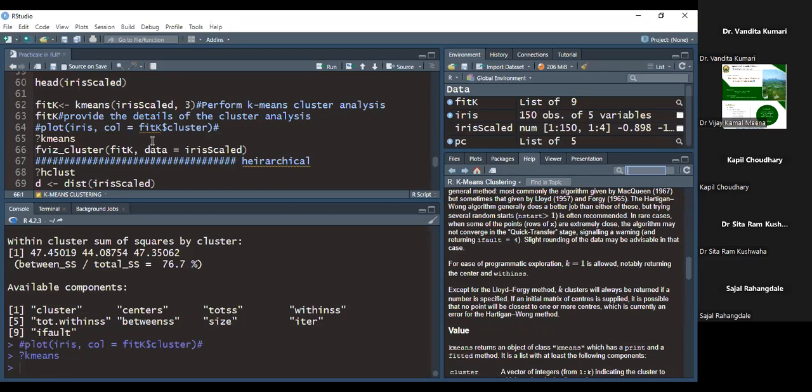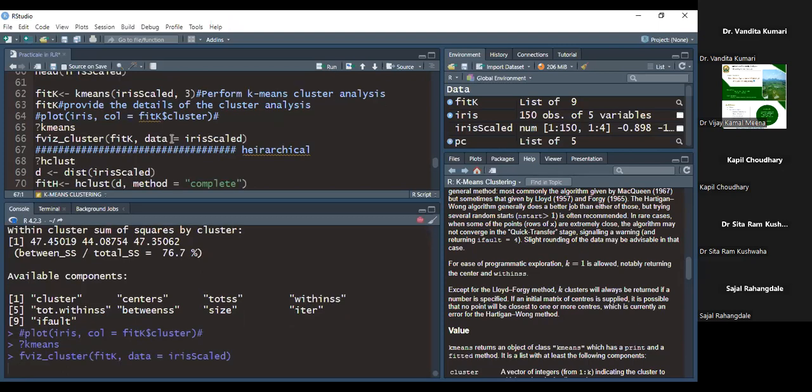Now we'd like to see the plot. Again, we are going to use fviz_cluster. It is from factoextra, and we are going to plot fit k, and the data is iris scaled. So let's run this.